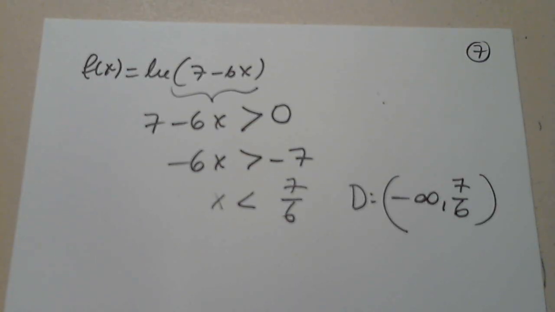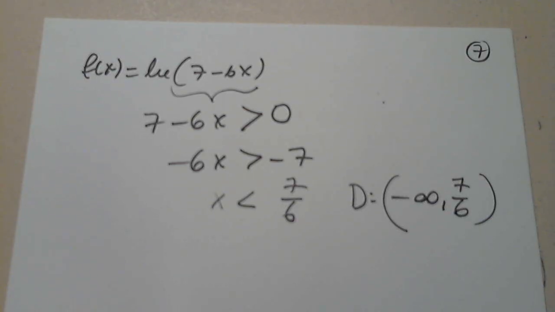So I go to the window. That's why I determine the domain first. Okay, the negative 10 is okay. But beyond 1 and a little bit, not really. So I'm going to just put 4. Scale of 1 is fine.